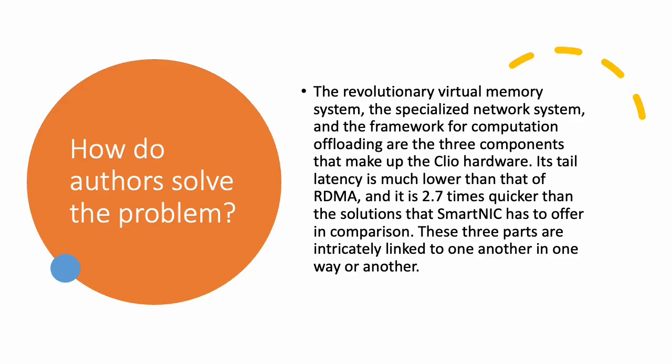The authors solve this problem by introducing the virtual memory system and computation offloading, including three components which make up the Clio hardware. They find that the tail latency is much lower than RDMA, and it is 2.7 times quicker than the solutions that SmartNIC has to offer, and the three parts are linked to one another.